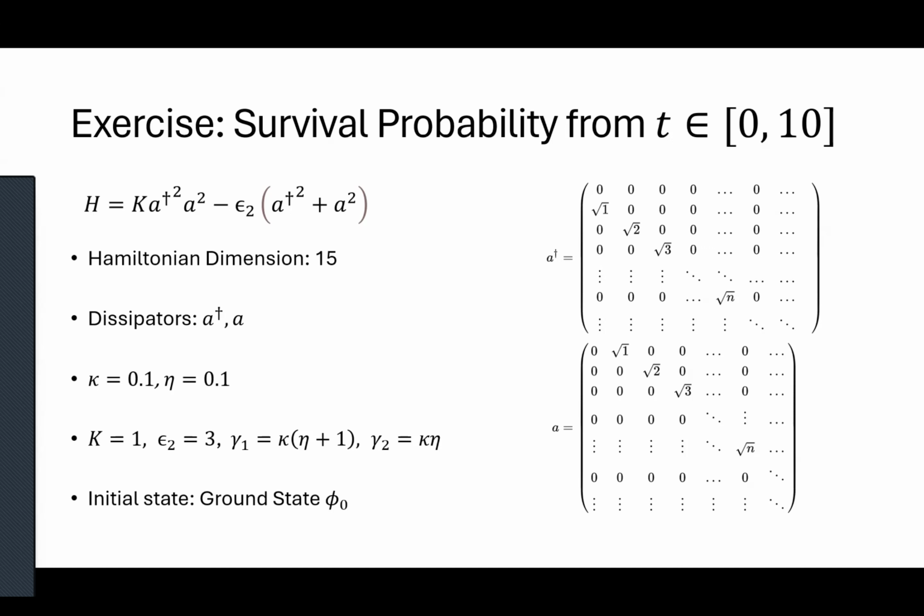Sometimes in other works I have seen people use A dagger squared or A squared, etc. But look, gamma 1 is associated with A, so it's the destruction, and its strength is of the order 0.1. Gamma 2 is where the environment is putting something into the system, and it is of the order 10 to the minus 2. Since 0.1 is much larger, the environment is mostly taking particles out.